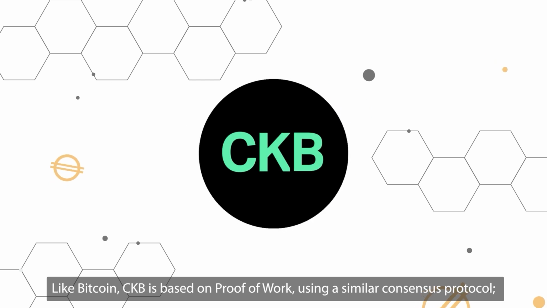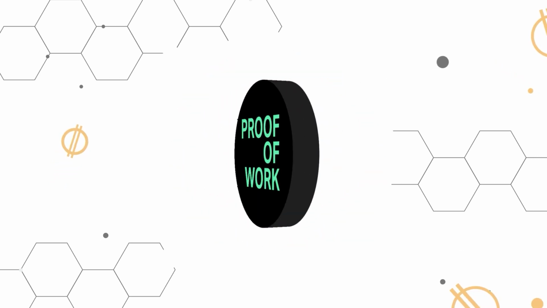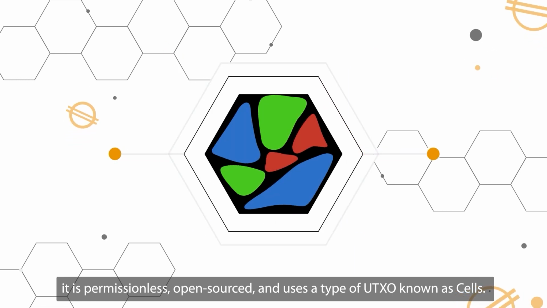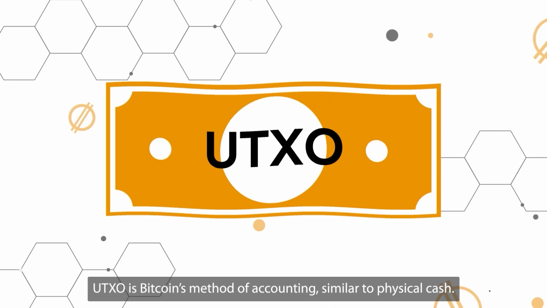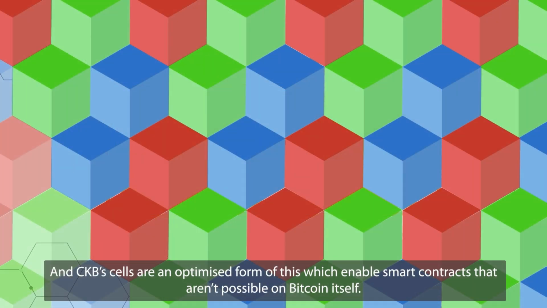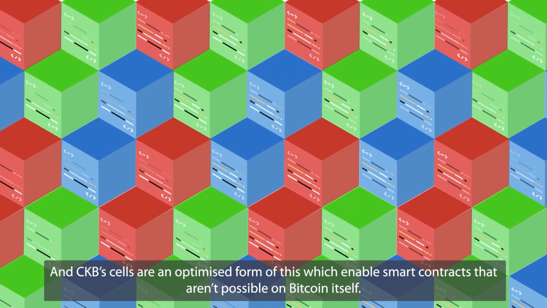Like Bitcoin, CKB is based on proof of work, using a similar consensus protocol. It is permissionless, open-sourced, and uses a type of UTXO known as cells. UTXO is Bitcoin's method of accounting, similar to physical cash. And CKB cells are an optimized form of this, which enables smart contracts that aren't possible on Bitcoin itself.